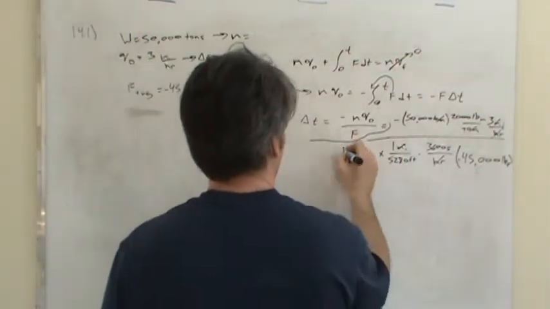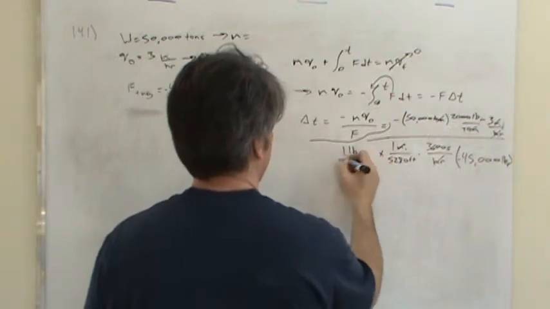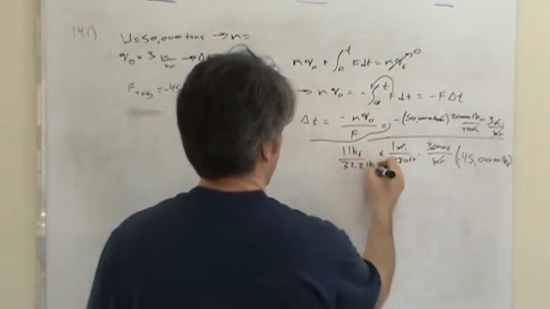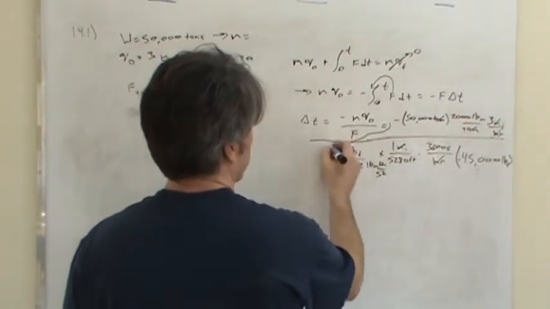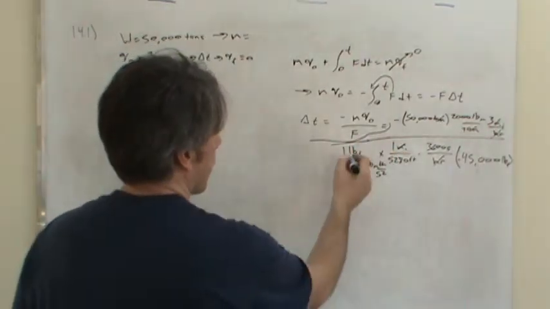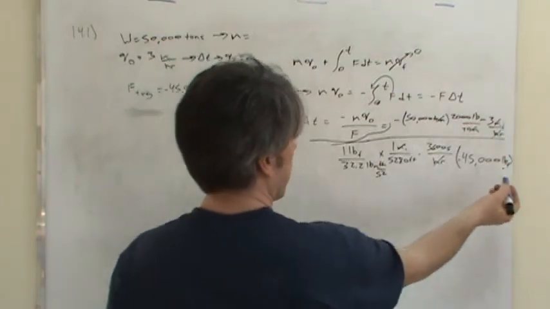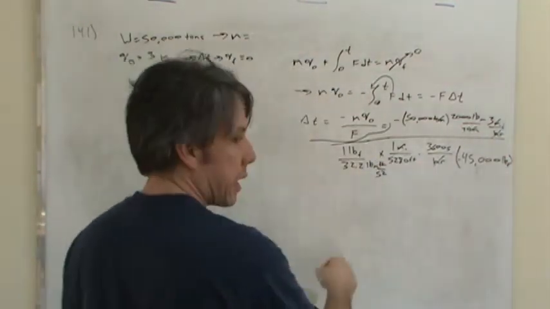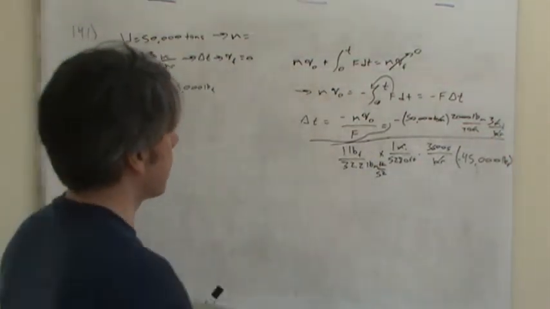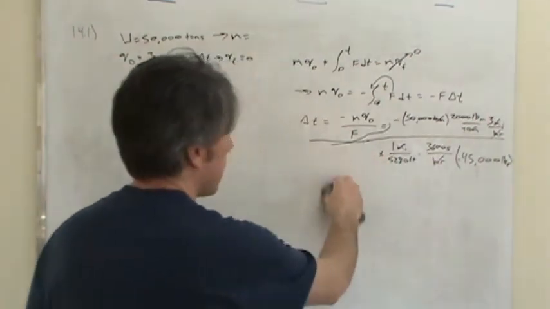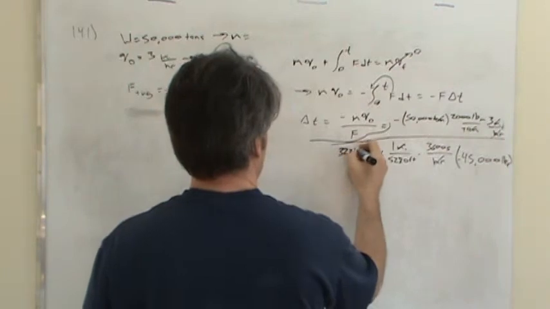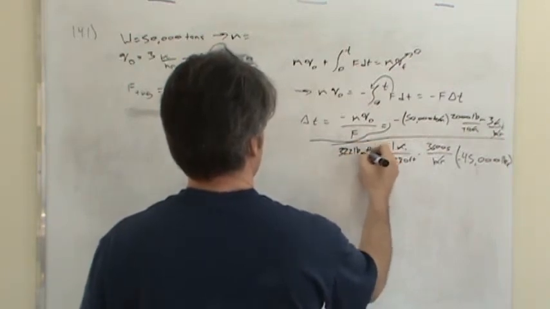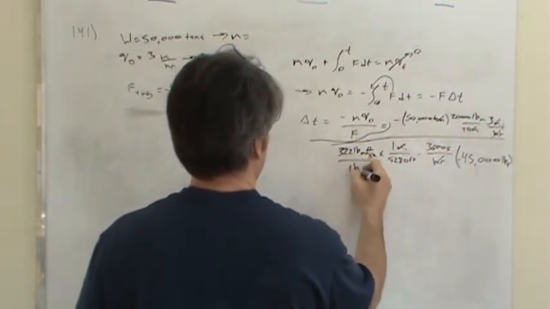I need 1 pound force per 32.2 pound mass foot per second squared. Okay, hopefully that's understandable. So then, I messed up because this is pound force, this is pound force. I need the inverse of that conversion factor. So let me try again. 32.2 pound mass foot per second squared per pound force.